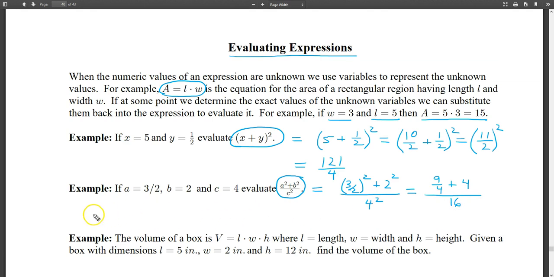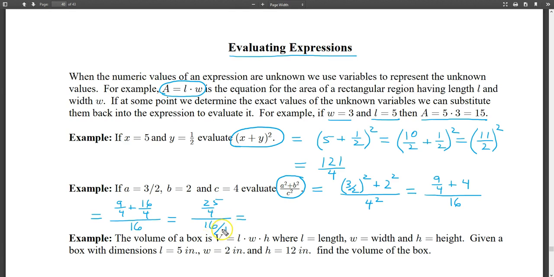And then moving over here, simplifying that, 4 is going to be 16/4, 9/4 plus 16/4, finding a common denominator. And so then we're looking at 25. And then we can move the 16 up, thinking of this as being 16/1.